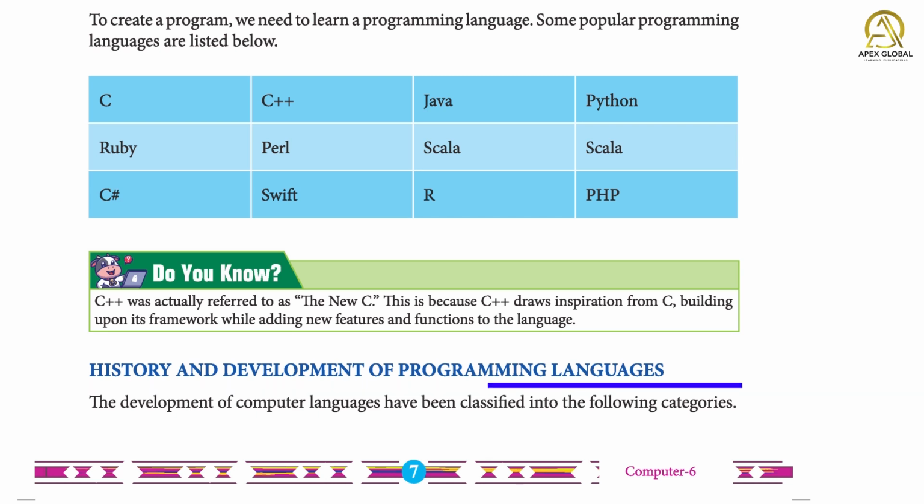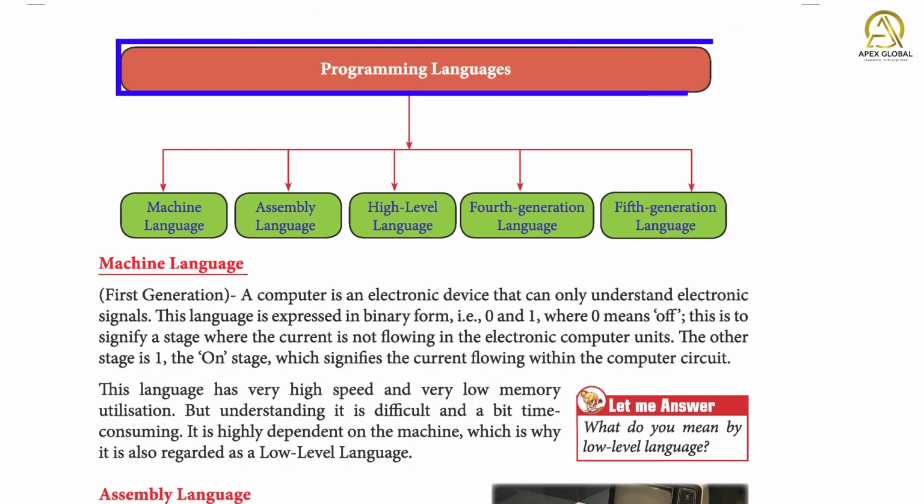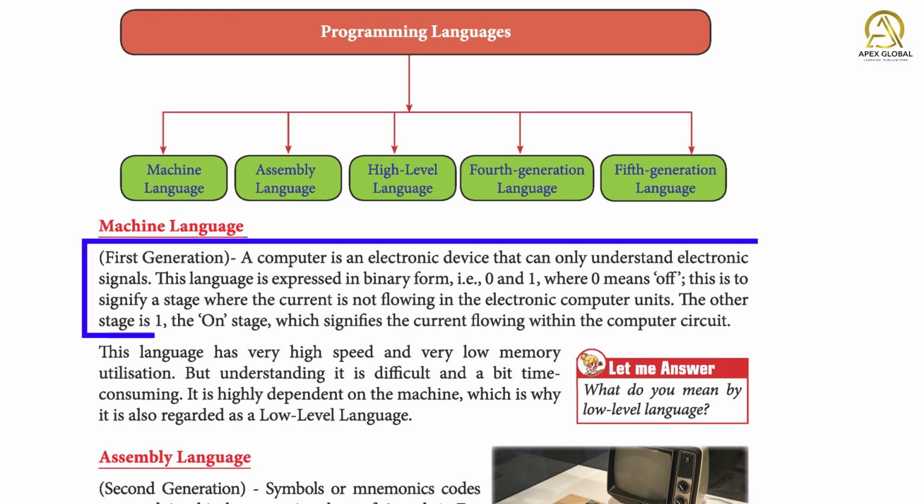The development of computer languages has been classified into the following categories: machine language, assembly language, high-level language, fourth generation language, fifth generation language. Machine language, first generation language. A computer is an electronic device that can only understand electronic signals.